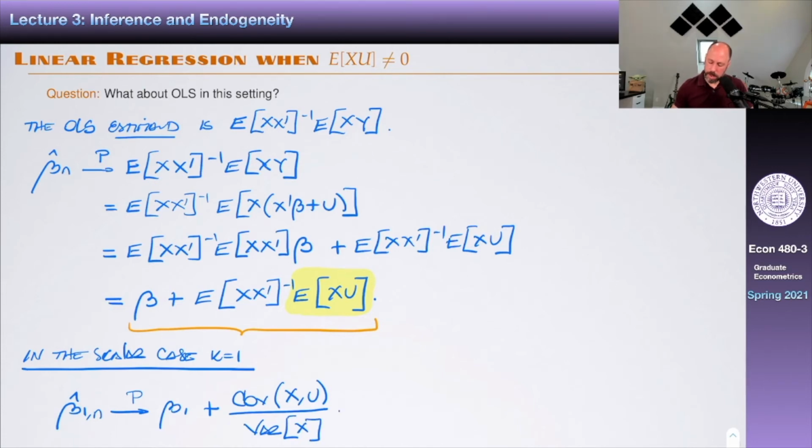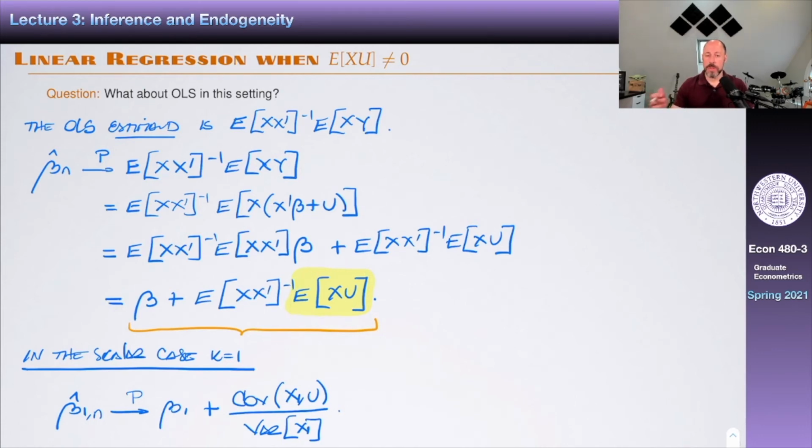You can say x1 here, which is the same, just the scalar case, and the other one is the generic version. So this is something that you already knew, but now we're writing it clearly using our notation: whenever the assumption that the expected value of xu equals 0 doesn't hold, then least squares is no longer consistent for beta. It has this extra term over here.